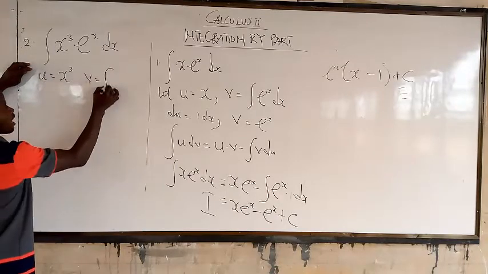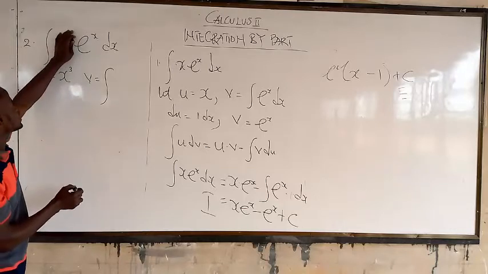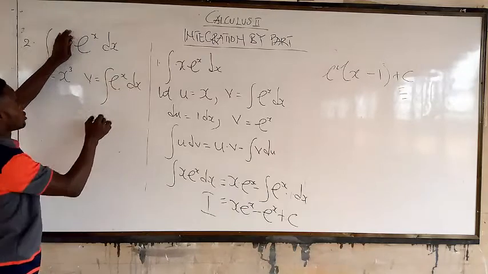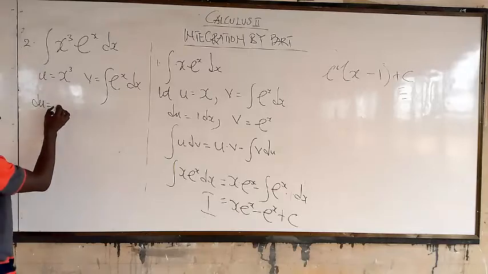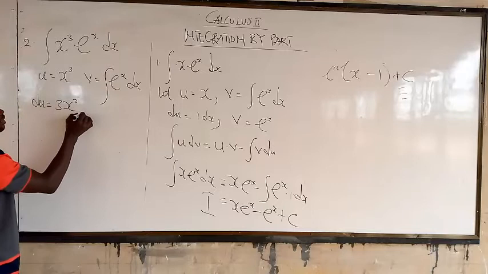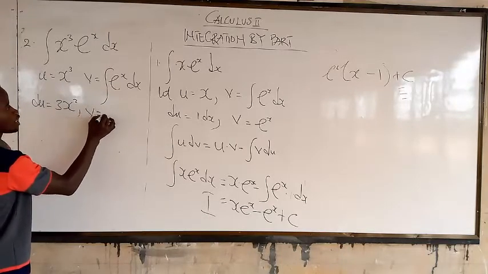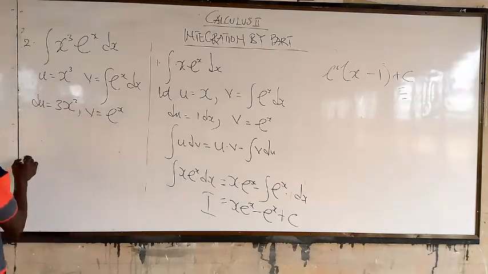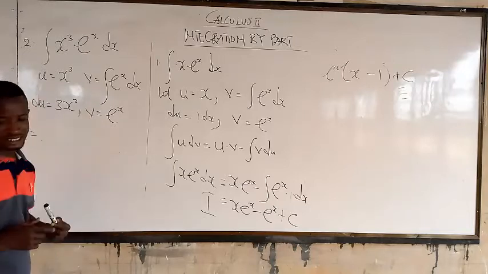And as I said, I will generalize something to you. If u is this, the rest is v. Hope you can see that. So du is going to be equal to 3s squared, and v will be equal to e raised to the power x. Don't add plus c.